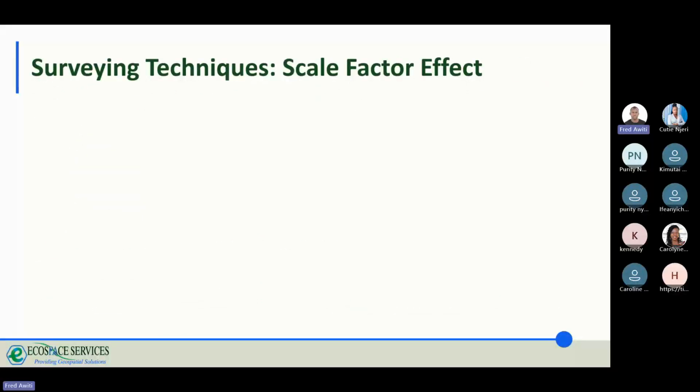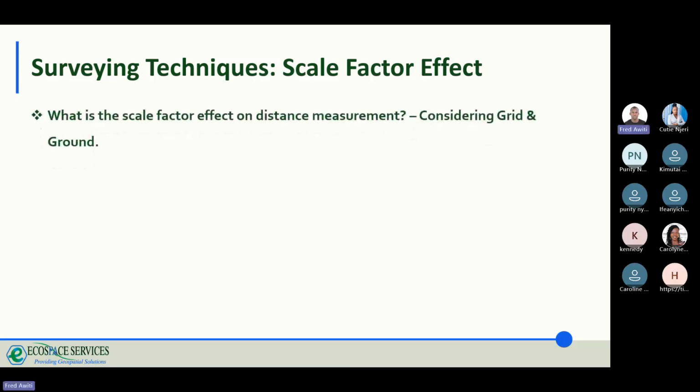Another thing that people fail to look at most often is what we call the scale factor. When it comes to maybe when you're plotting, or maybe when you're making measurements, a question I would ask is, what is the scale factor effect on distance measurements?